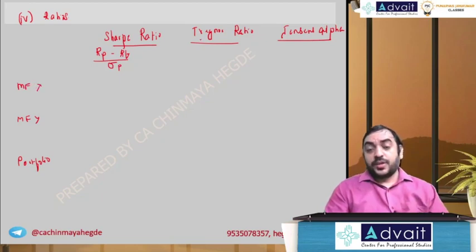That is the Sharpe ratio. Treynor ratio is RP minus RF divided by the beta of the portfolio.